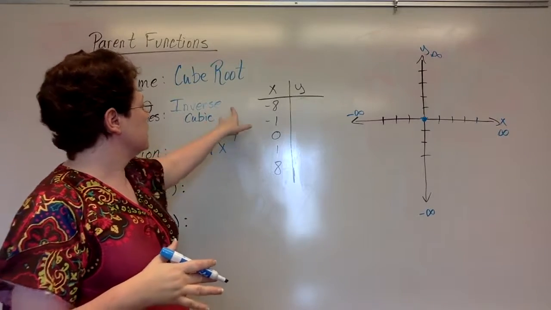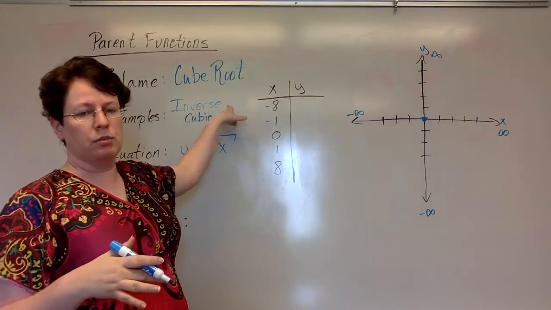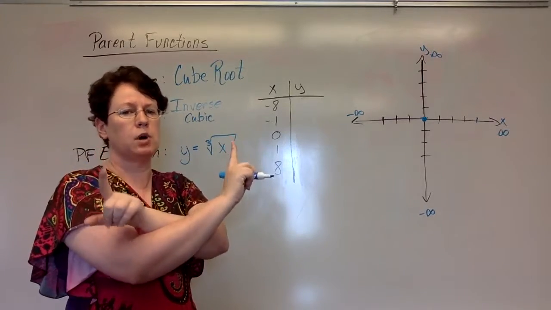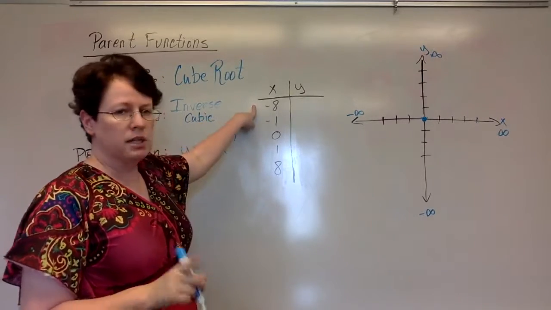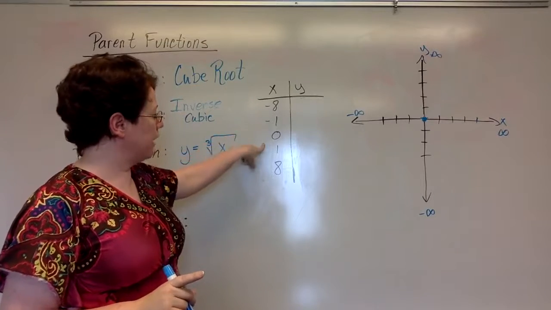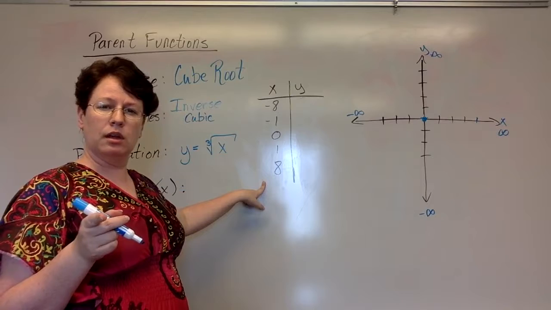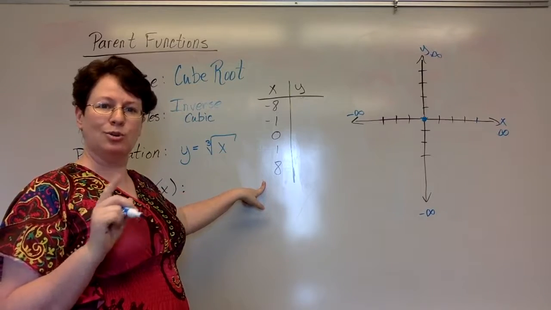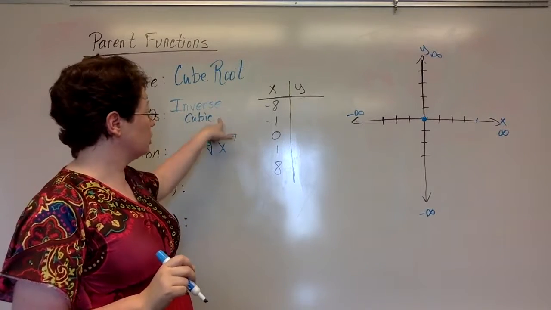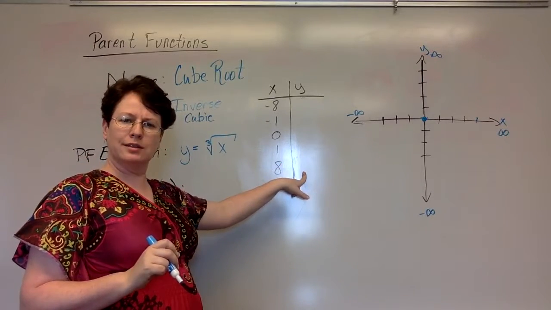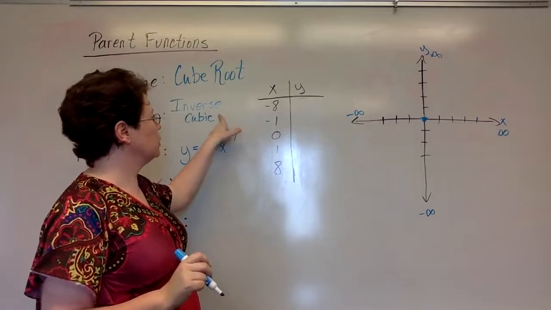The cool part is it's backwards from the cubic table, because remember inverses, we're going to switch the x and y's. So if I look at my table, the x values for a cube root are the same as what? You got it. The y values for the cubic. So my y values should be the same as what? The x values for the cubic.